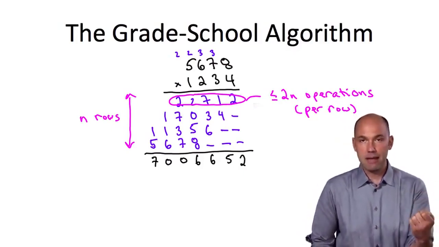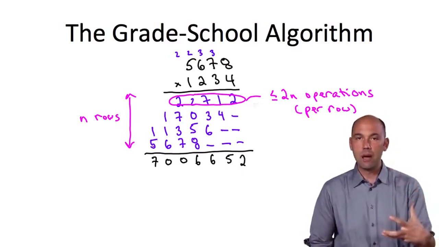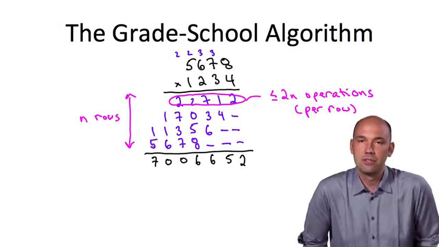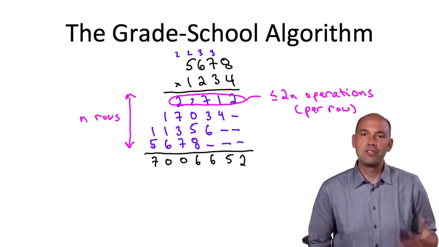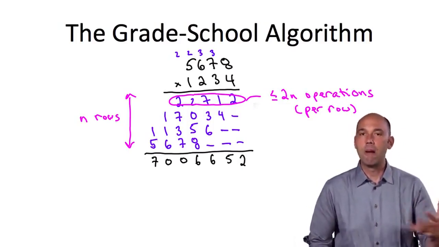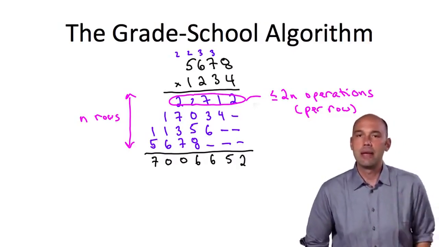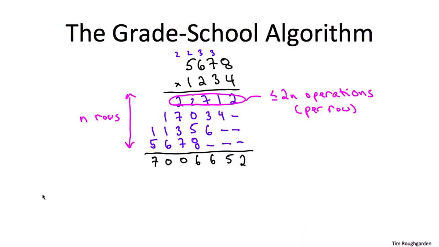Now, we're not done at that point. We still have to add all of those up to get the final answer, in this case 7,006,652, and that final addition requires a comparable number of operations, roughly another, say, 2n squared at most operations.